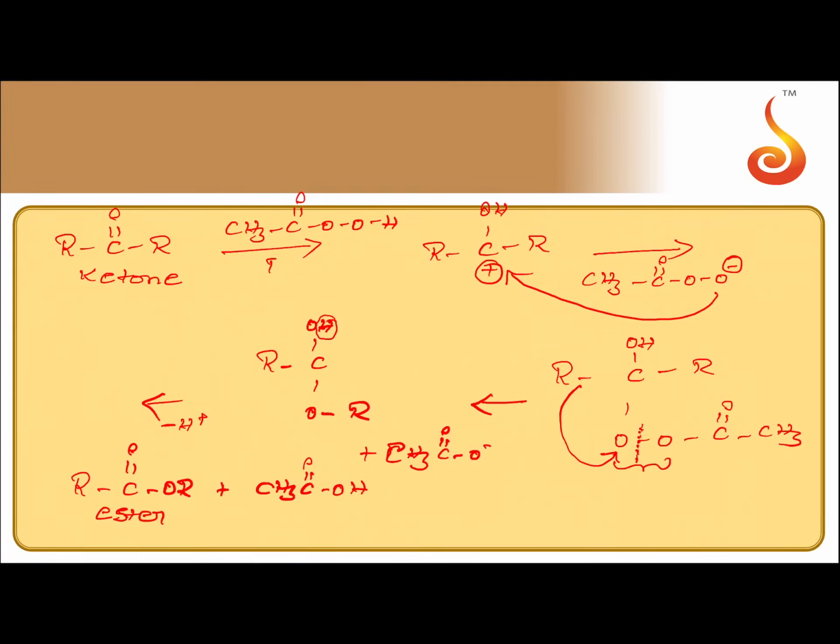Ketone is treated with peracid. So the proton of the peracid will attack the carbonyl oxygen. So you will get a positively charged carbonyl carbon. This percarboxylate ion now attacks the positively charged carbonyl carbon, resulting in the formation of an unstable tetrahedral intermediate.